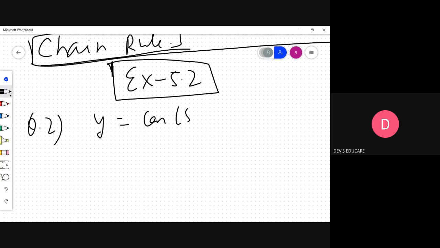So differentiating with respect to x, the derivative of y with respect to x, dy by dx.